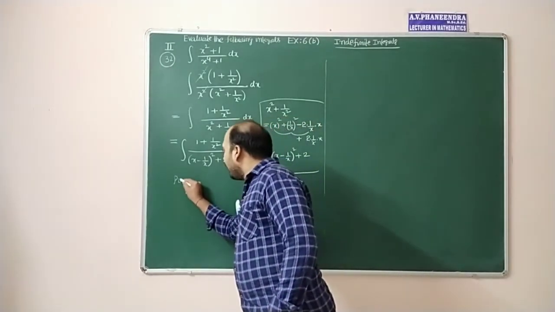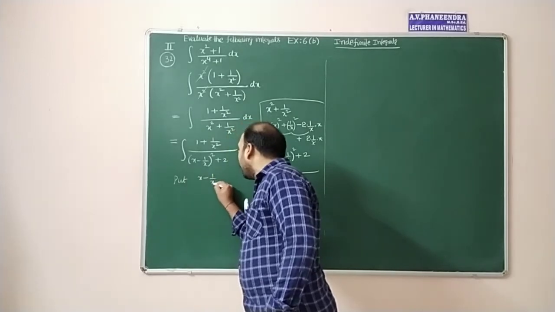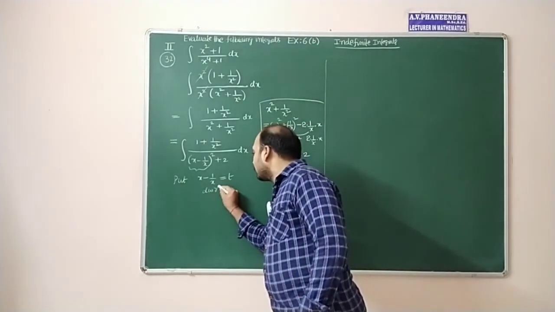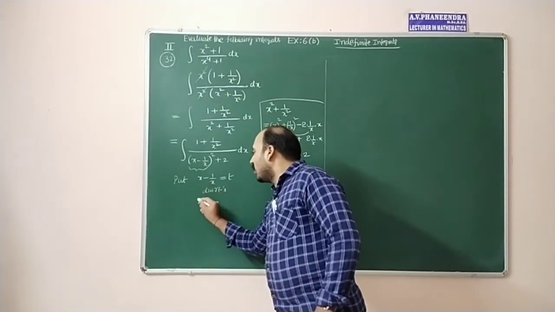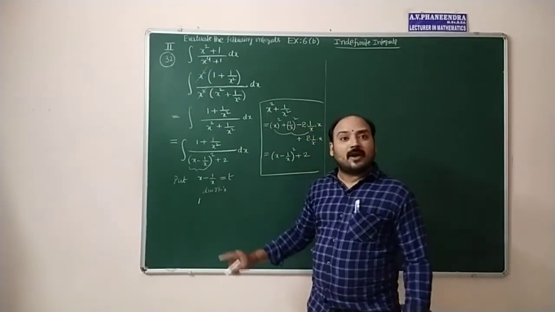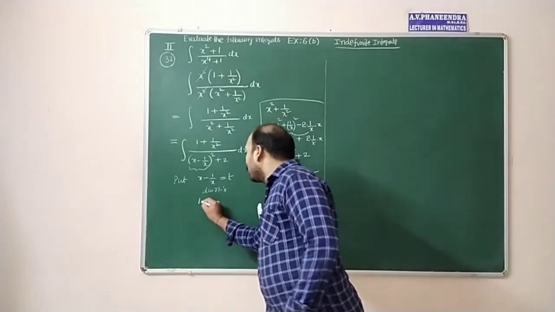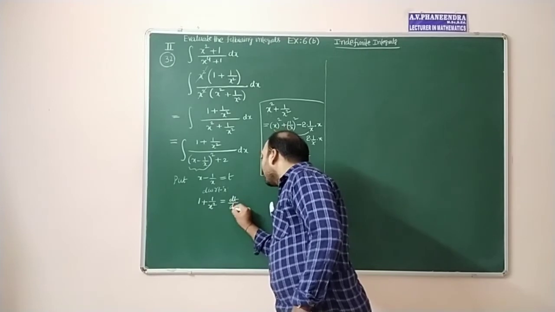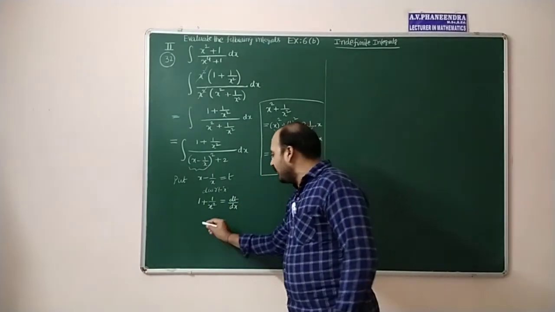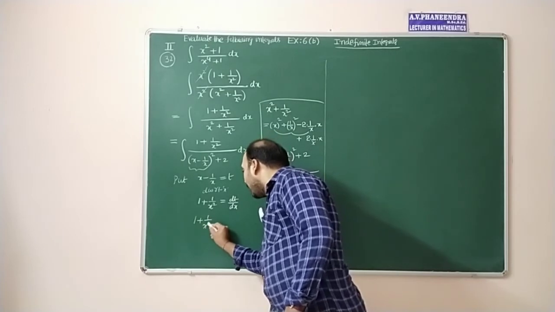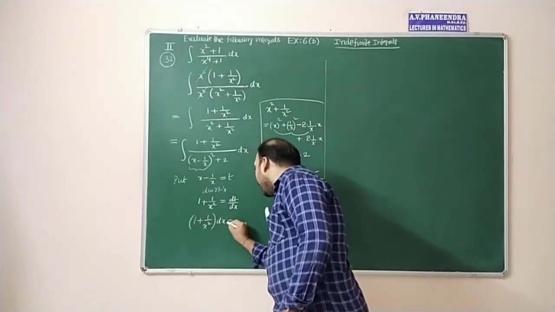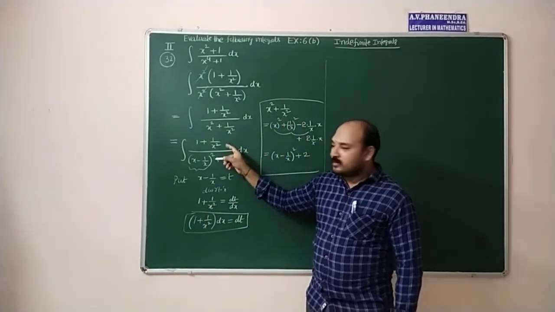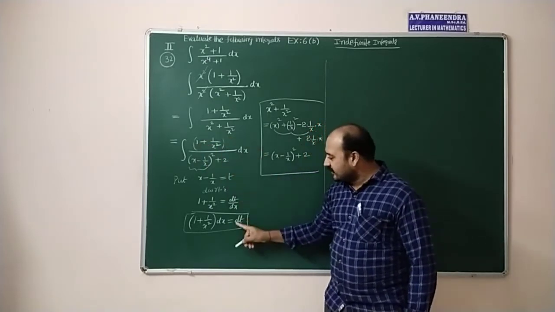Put x − 1/x = t and differentiate with respect to x. d/dx of x is 1. d/dx of 1/x is −1/x², and since a minus is already there, minus into minus gives plus 1/x², equal to dt/dx. Cross-multiplying dx, (1 + 1/x²) dx equals dt. Is it in the numerator or not? (1 + 1/x²) dx equals dt.